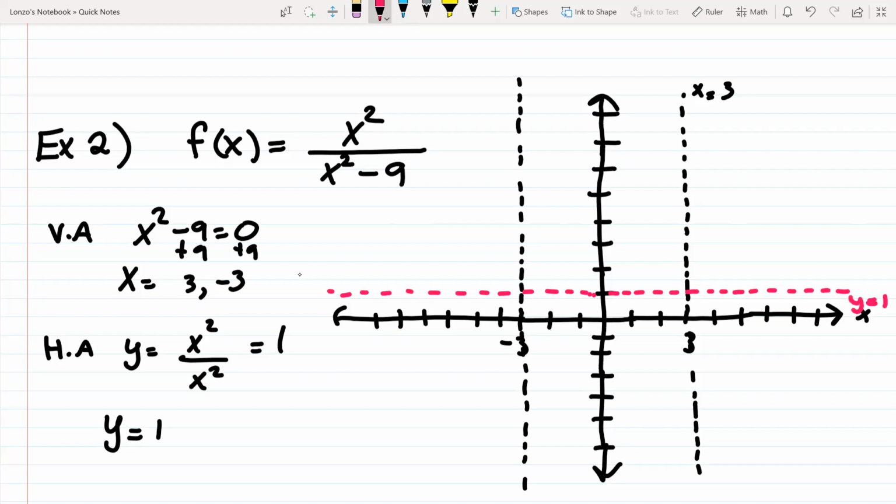When you test points, I'm not going to go into too much detail about which x values you need to test, because you should know this. On the side, it would look like this.